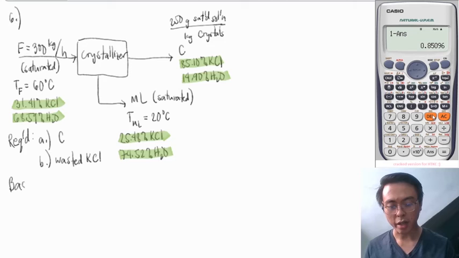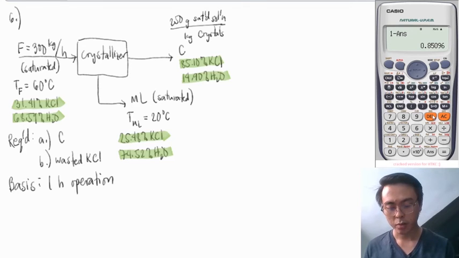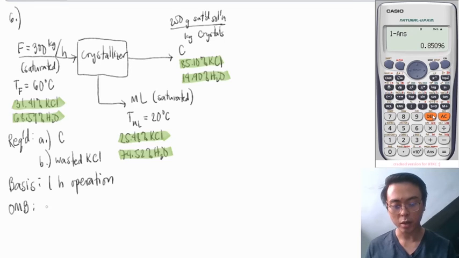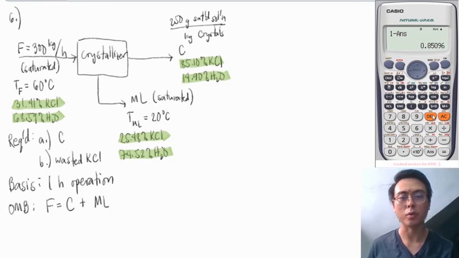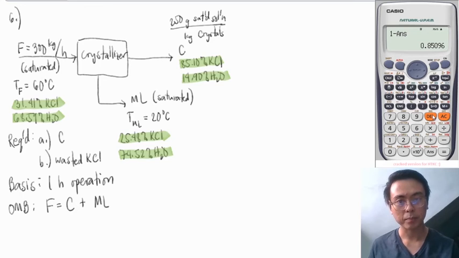The basis in this case is 1 hour operation because we are given the flow rate 300 kilograms per hour. Next, OMB. The OMB is feed equals crystals plus mother liquor. One input, two outputs. Next, component balances.